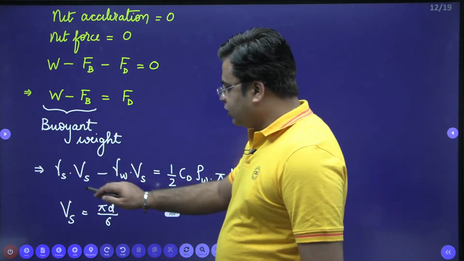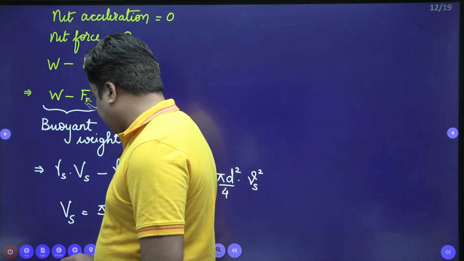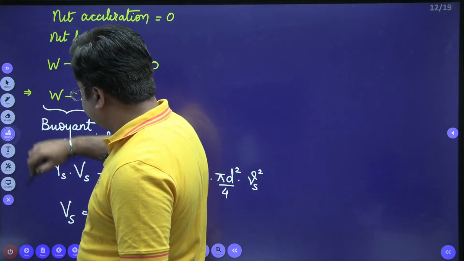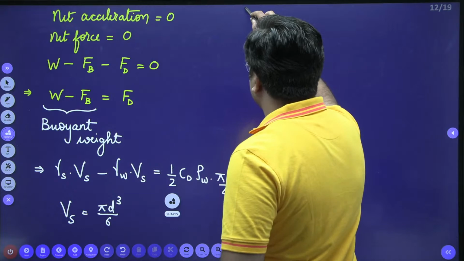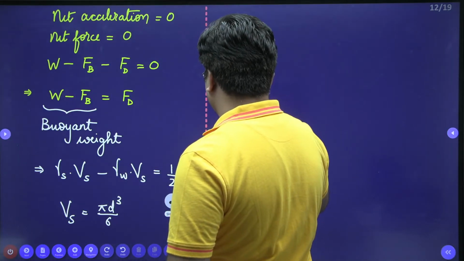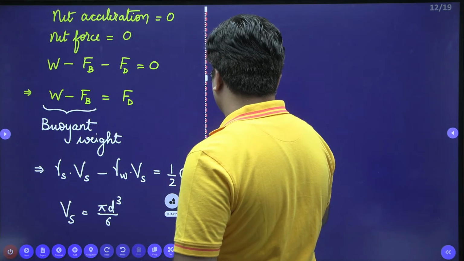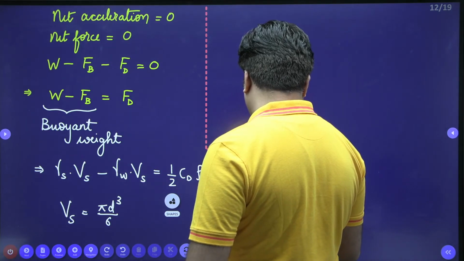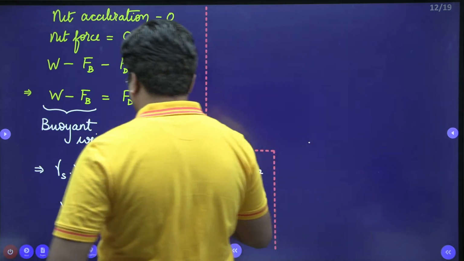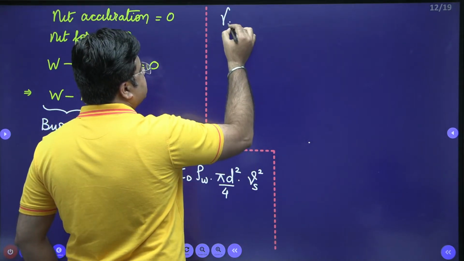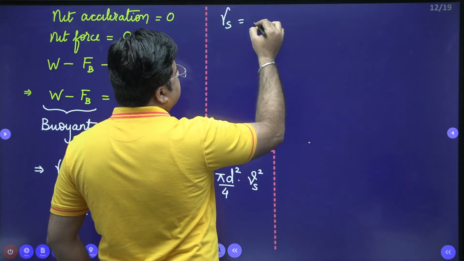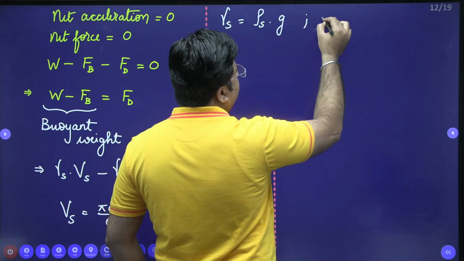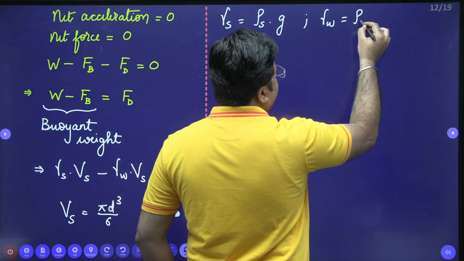One more thing, this gamma s can be written as rho s into g, and similarly this gamma w can be written as rho w into g.